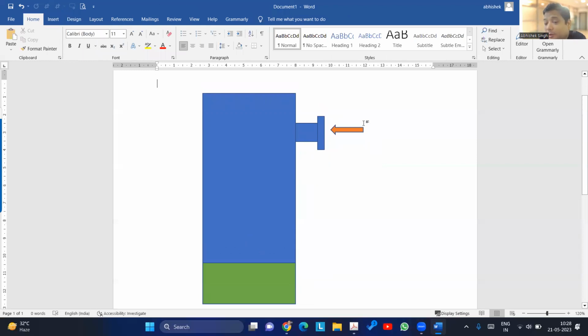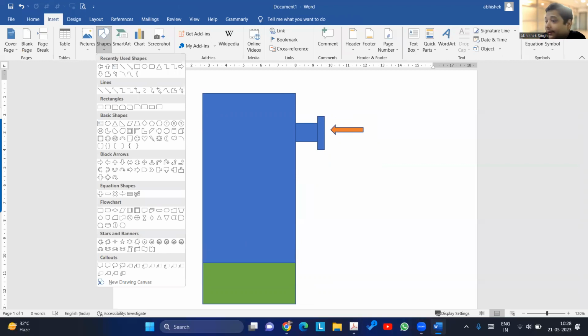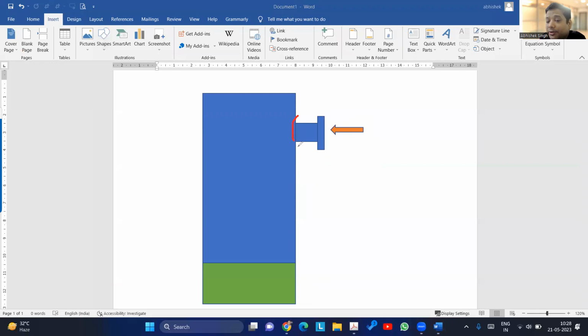Now, what first? See, because of this load, where will the stresses be generated? We'll have stresses in this portion. Do you agree with that? The junction of shell to nozzle. There will be some additional stresses.